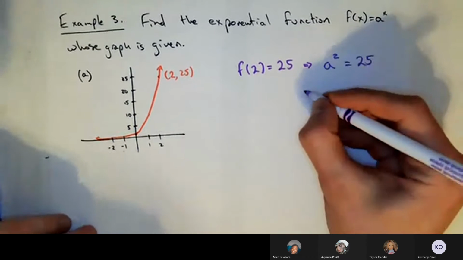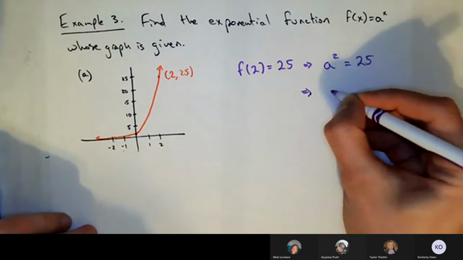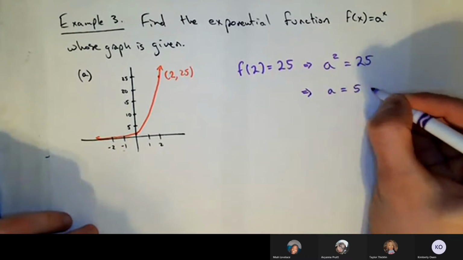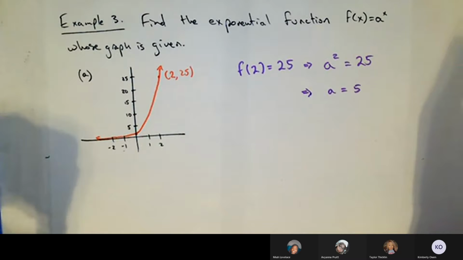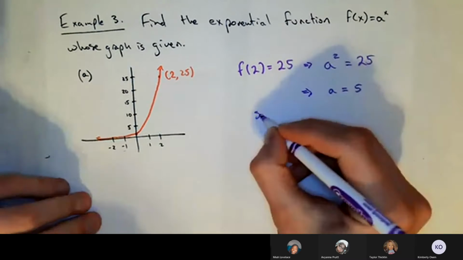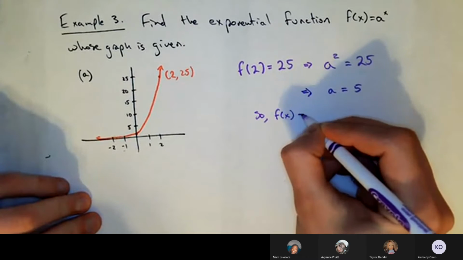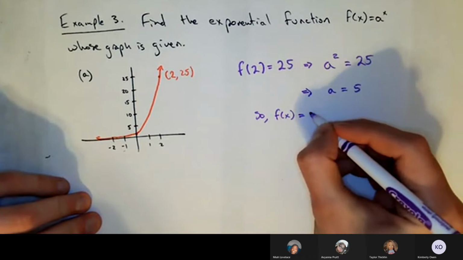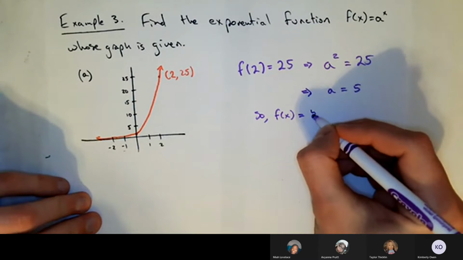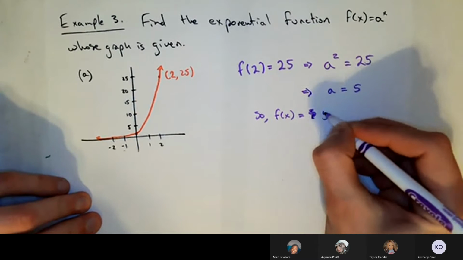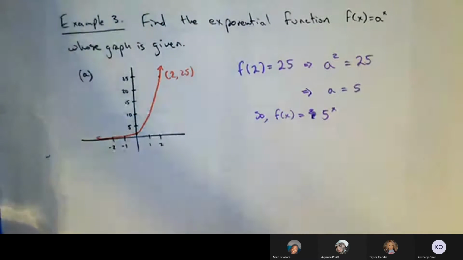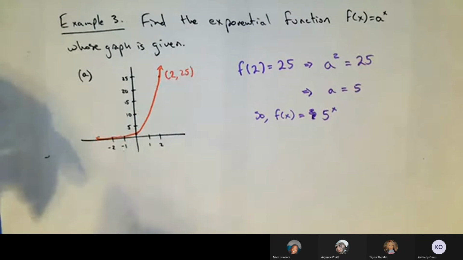Okay, so that tells me that a must be 5. So f of x equals 5 raised to the x.